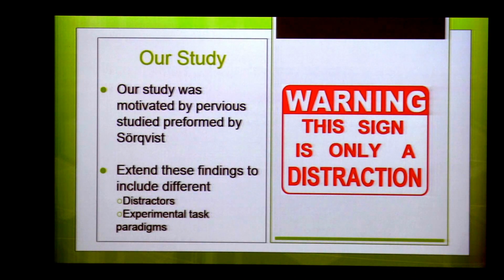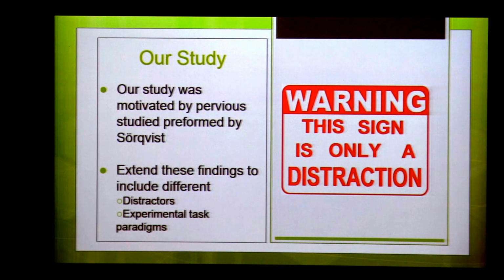Our study was motivated by Patrick Sörqvist, who has done a lot of research in auditory working memory, high and low working memory groups. In one of the studies that was the main focus of ours, he looked at visual and auditory distractions. On the screen, arrows would come up, and a participant would have headphones on.